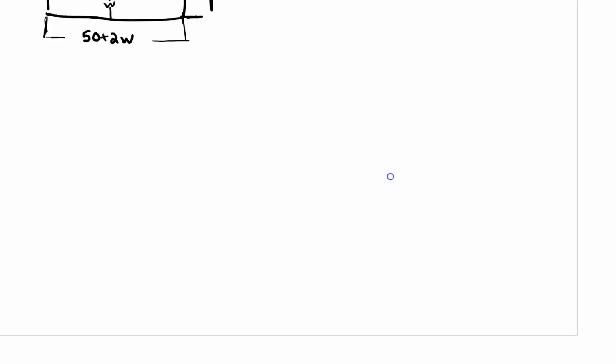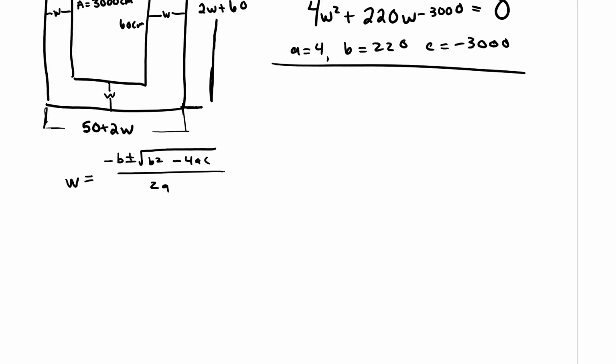I'm just going to clear myself lots and lots of space here. So if I want to solve for W, W is going to equal negative B plus or minus the square root of B squared minus 4AC, over 2A. We know that A is 4, B is 220, and C is negative 3,000.